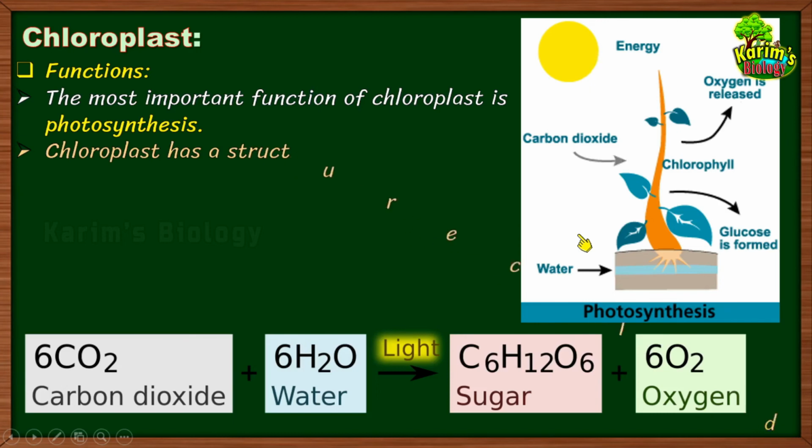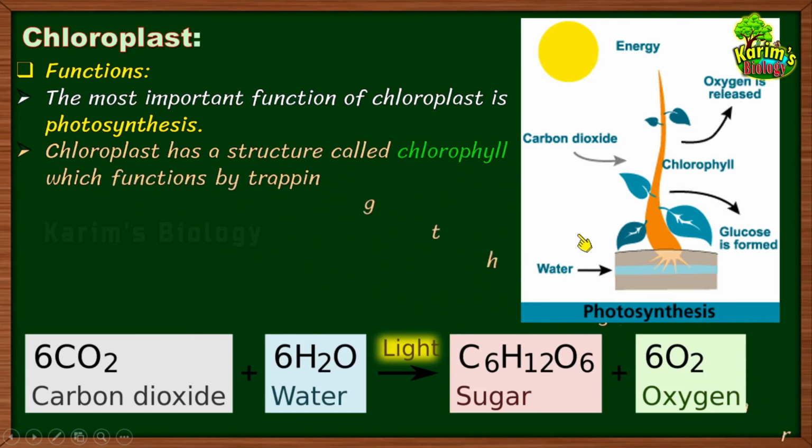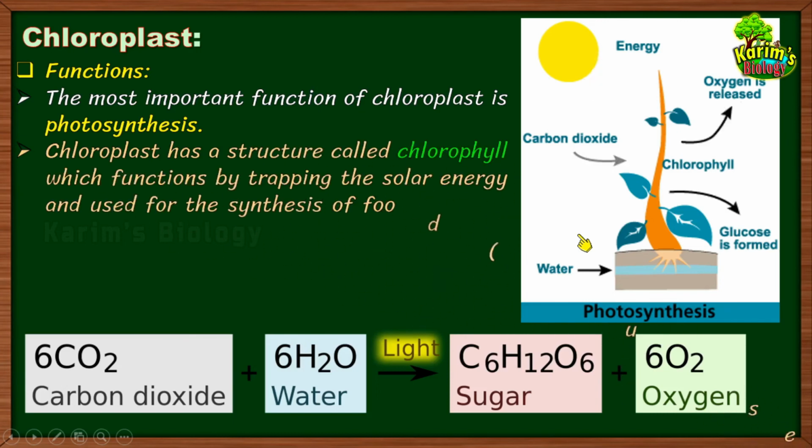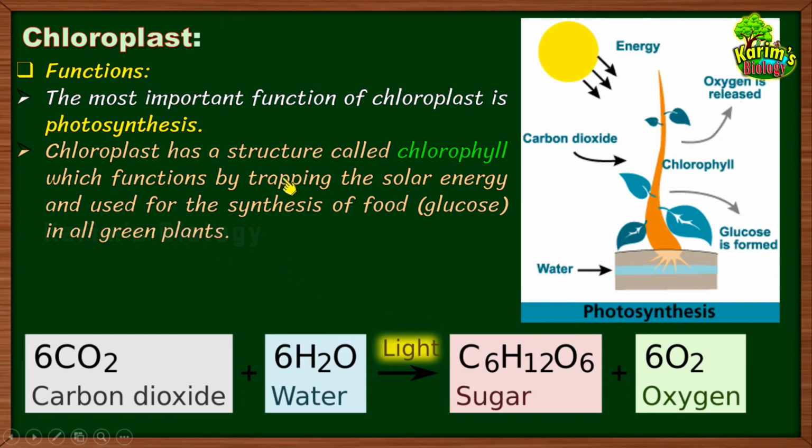And what happens during the process of photosynthesis? I told you that photosynthesis is a process where food is manufactured. And the chloroplast is able to do that because chloroplast has a pigment called chlorophyll. Okay, and chlorophyll can trap the energy present in the sunlight. Solar energy means the energy present in the sunlight.